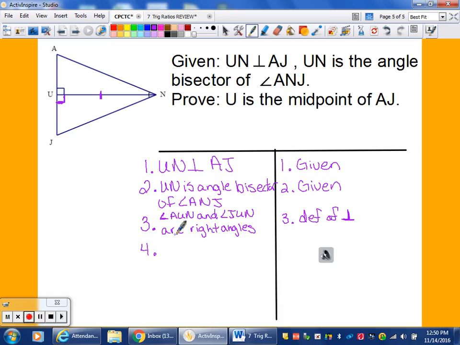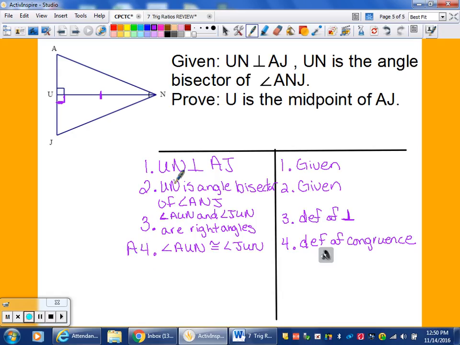Then, knowing that they're both right angles, I can say that angle AUN is congruent to angle JUN. And that's just definition of what, guys? Congruence. Okay? That's an angle congruency, right?